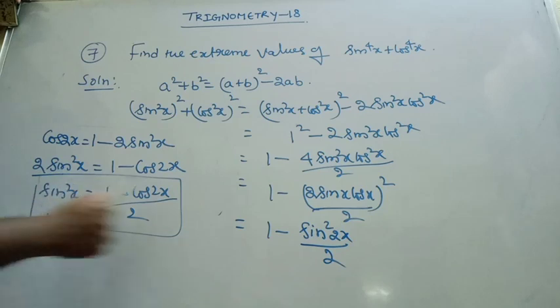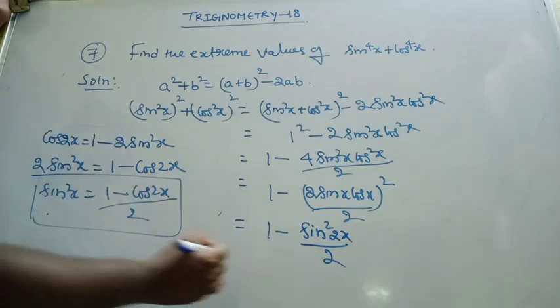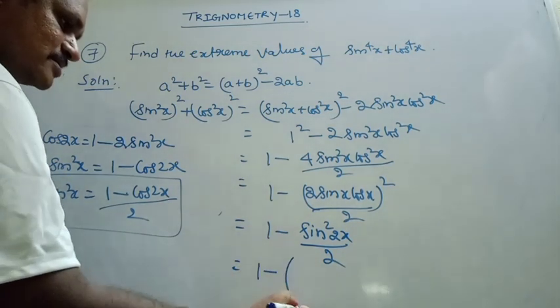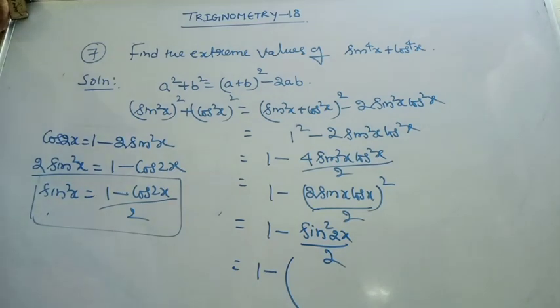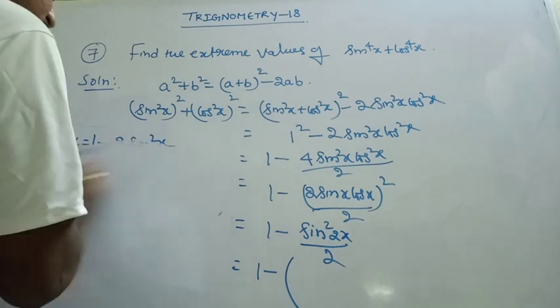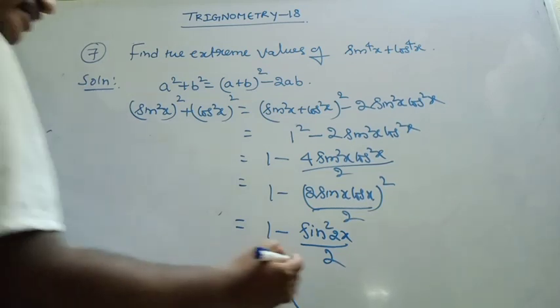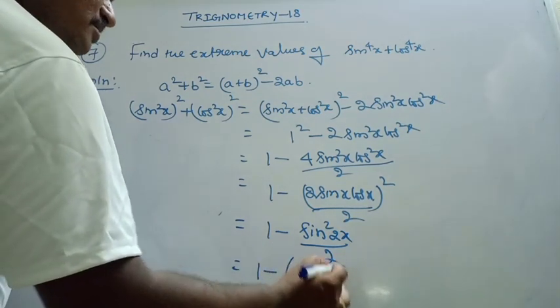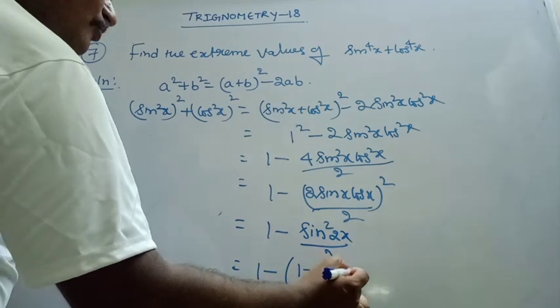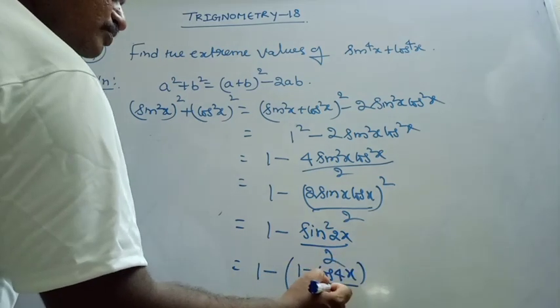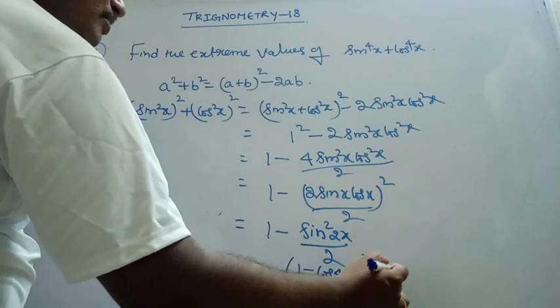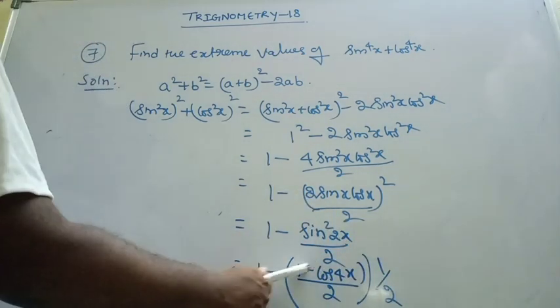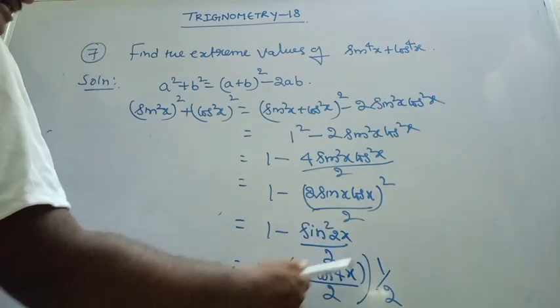Now in the place of x we are having 2x, therefore it becomes 1 minus cos of 2 into 2x, that becomes 4x, by 2, right, whole by 2, like this. Sin² 2x I can write as (1 minus cos 2 into 2x) by 2, into 1 by 2.